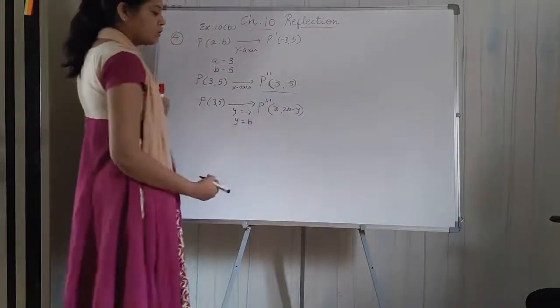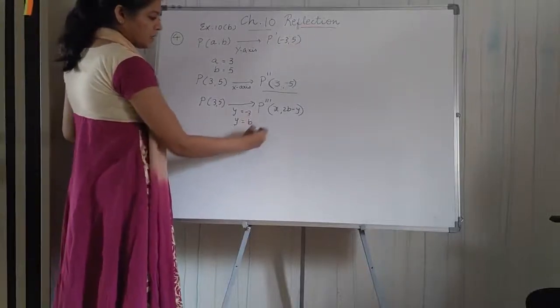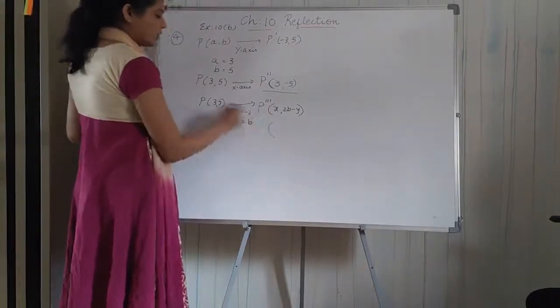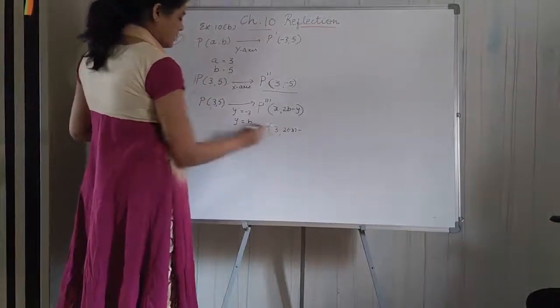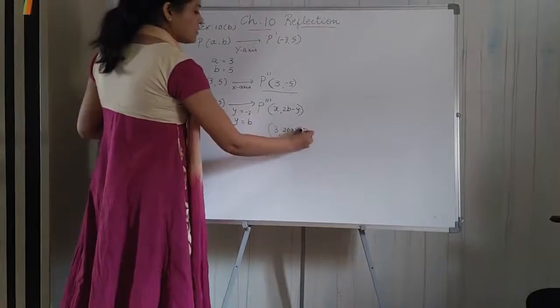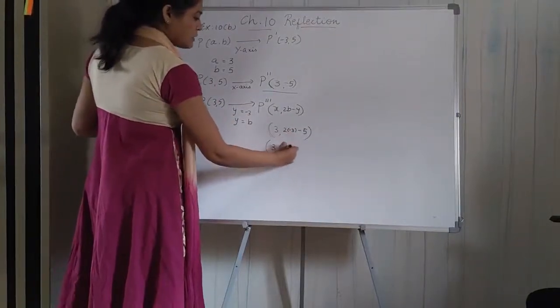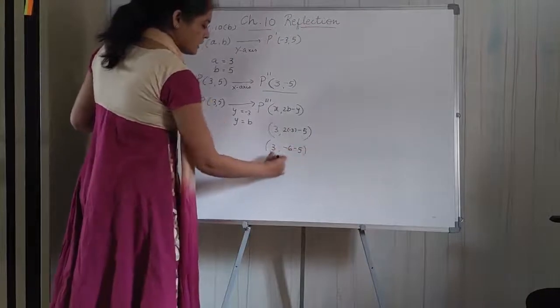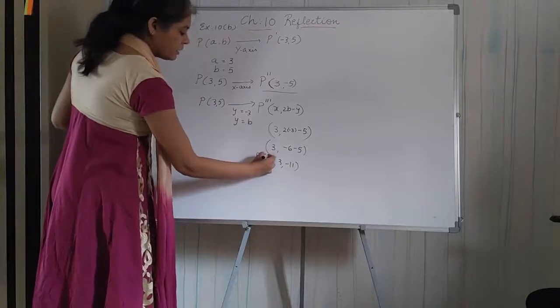I have already explained this in the last video. So now, what is the b value? -3. So I write the x coordinate 3 as it is, 2b is 2 times -3, and minus y is minus 5. After calculation, 2 times -3 is -6, minus 5, that is -11. So (3, -11) are the coordinates of P'''.